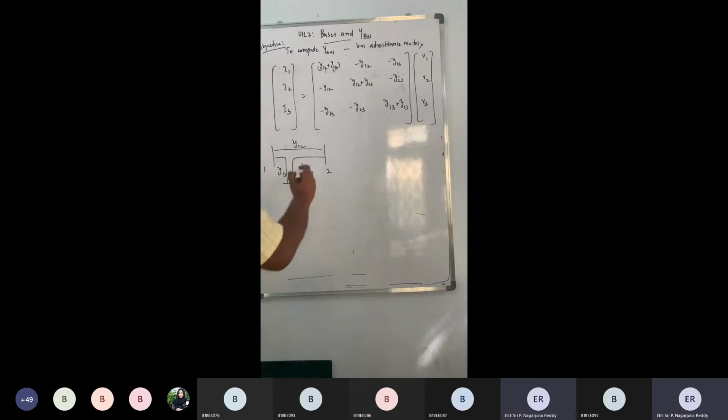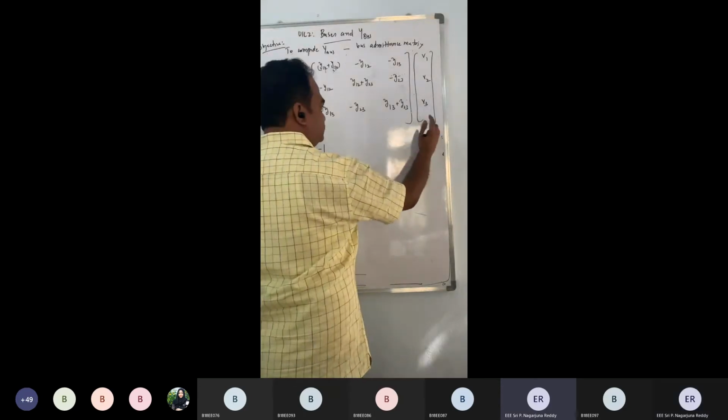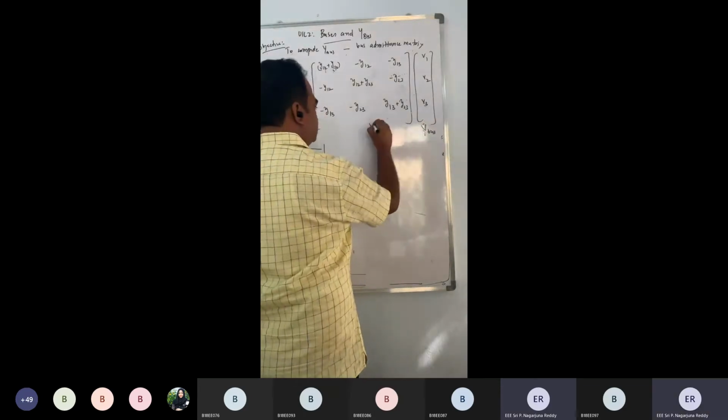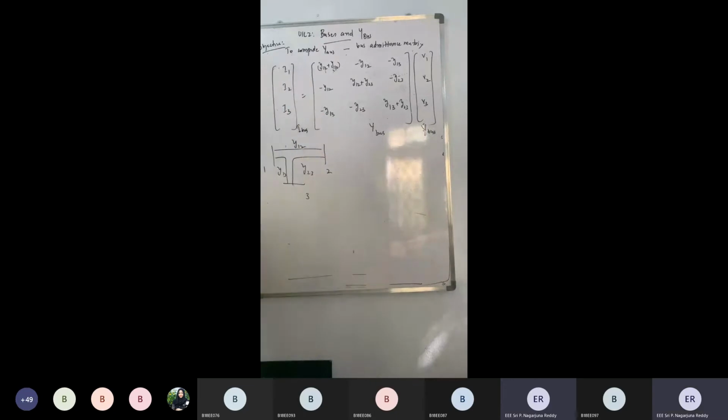And this is called the bus current matrix. This is the bus voltage matrix, and this is the Y bus matrix.